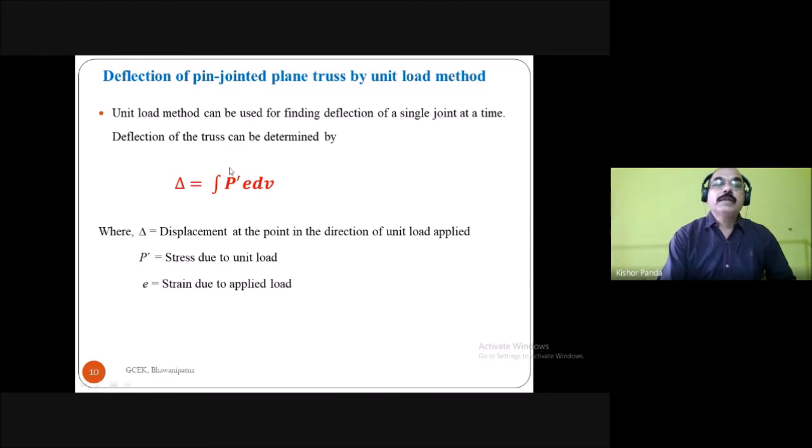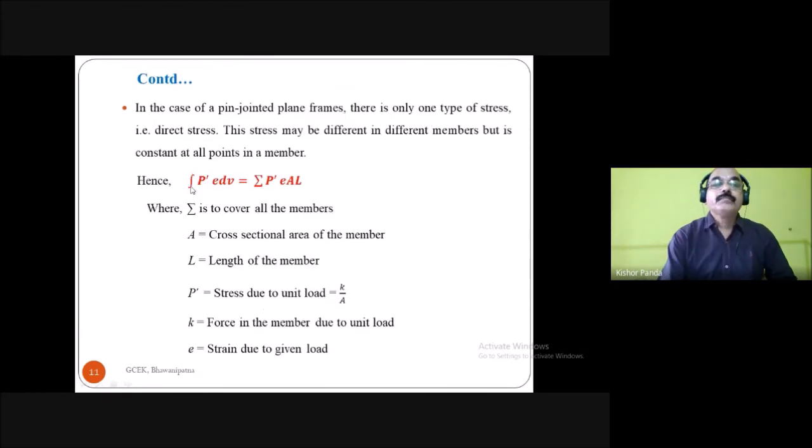So P dash you have to find out from the unit load, and E, the strain, you can find out from the applied load. Where you want to find out the deflection, at that point you have to apply the unit load, and at that point you can find out the deflection.